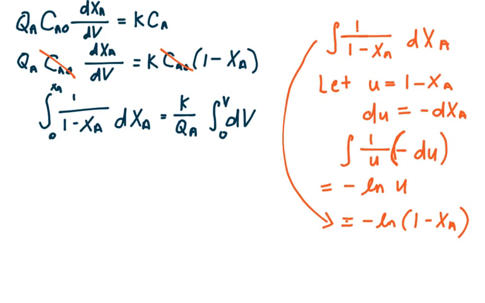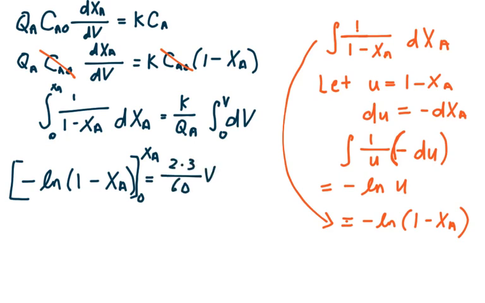So what you will get is negative ln(1 minus XA) is equal to, not forgetting, it's from 0 to XA, the conversion.